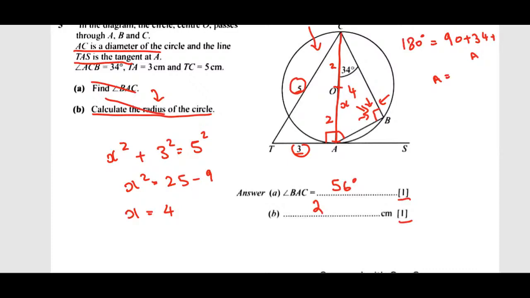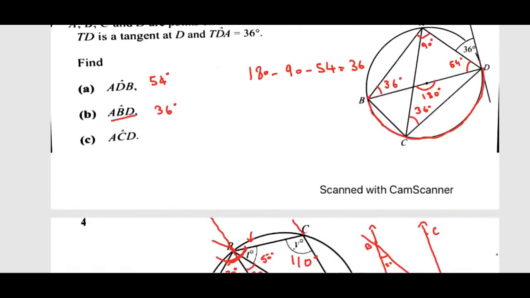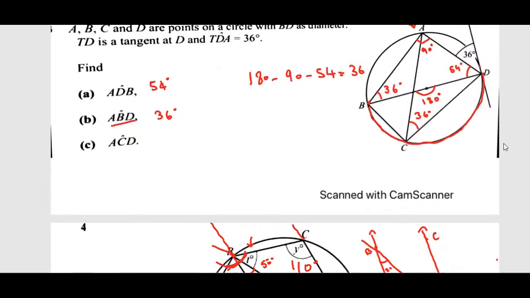Other than this, you know all the other properties, all the other theorems that we have discussed, that if you have the same arc being made by two angles at the circumference, like this one, here this arc is being made by the angle C and the angle B, that is why they are the same.